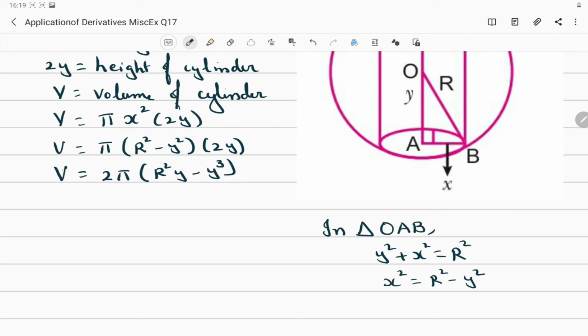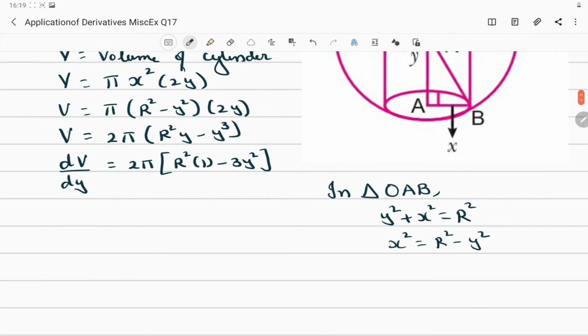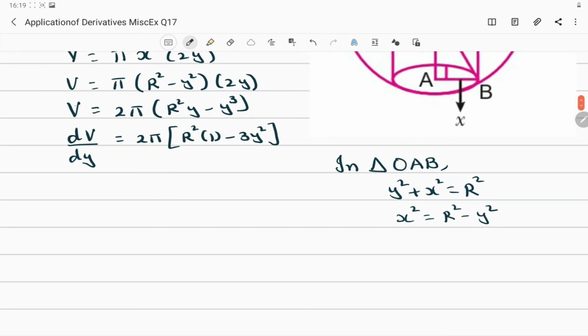So this is V. Now after obtaining V in terms of a single variable y, we differentiate V with respect to y. So dV by dy becomes 2 pi times R square into derivative of y which is 1, minus derivative of y cube which becomes 3y squared. After differentiating, the next step is to find the critical points.